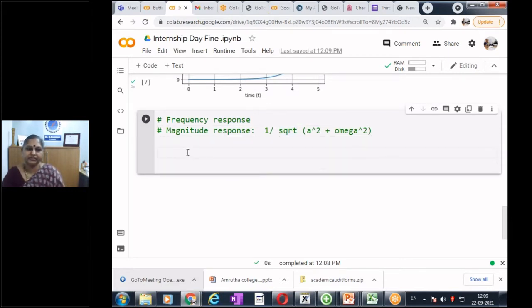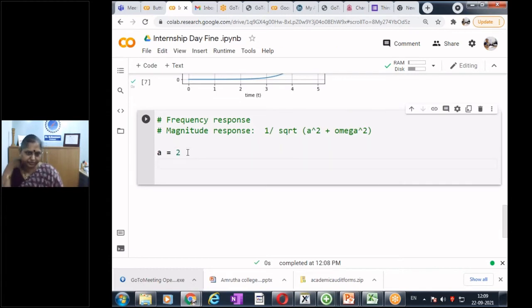So now what we need to define now is A. Once again, let us say A is equal to 2. What is the frequency response? I mean, h of s.